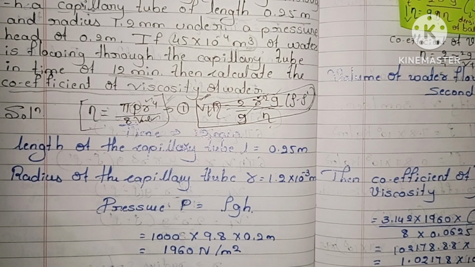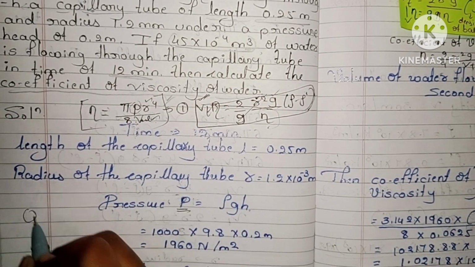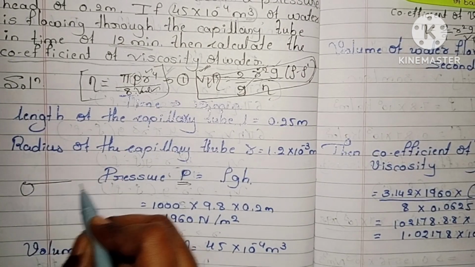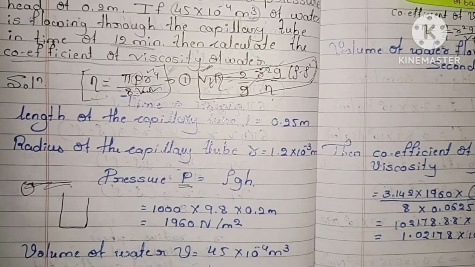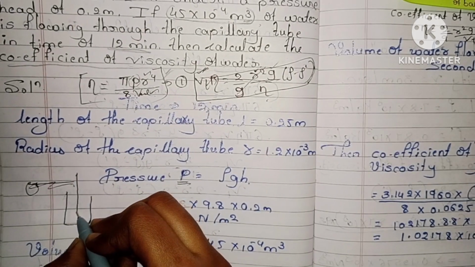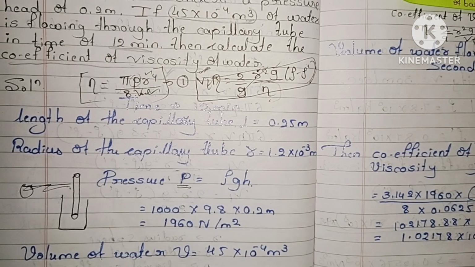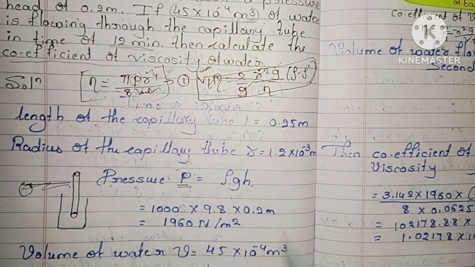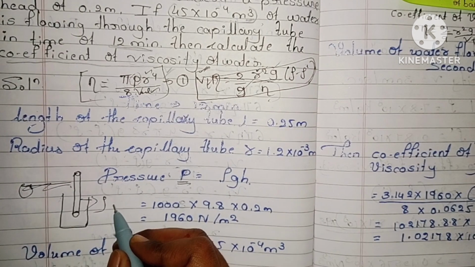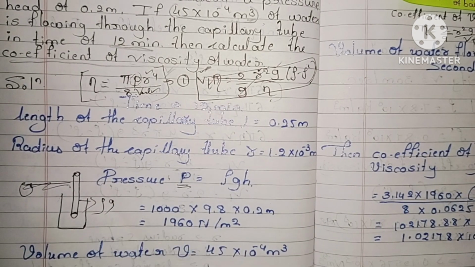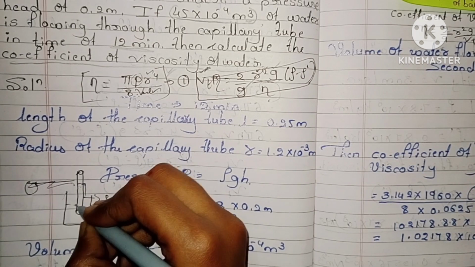So how do we find the pressure? We know that pressure is equal to... if I take this as a container and insert a capillary tube, I am taking the density of that liquid along with the acceleration due to gravity and h, how much the liquid has risen in the capillary tube.